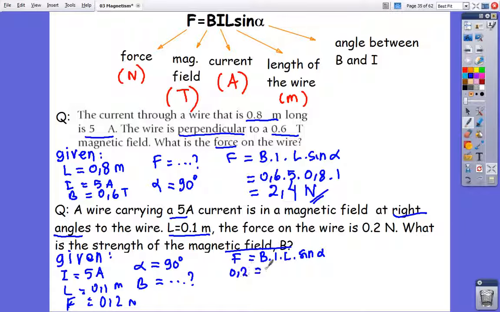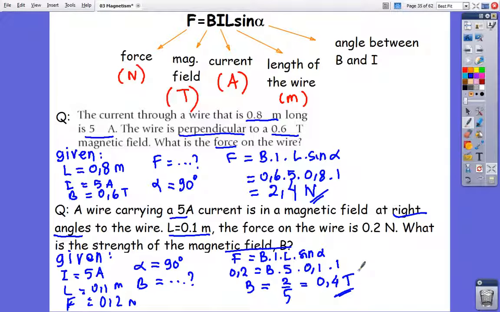B is unknown, I is 5, L is 0.1, sine alpha is 1. So we can divide both sides by 0.1. We get B equal to 2 over 5, or 0.4 Tesla.